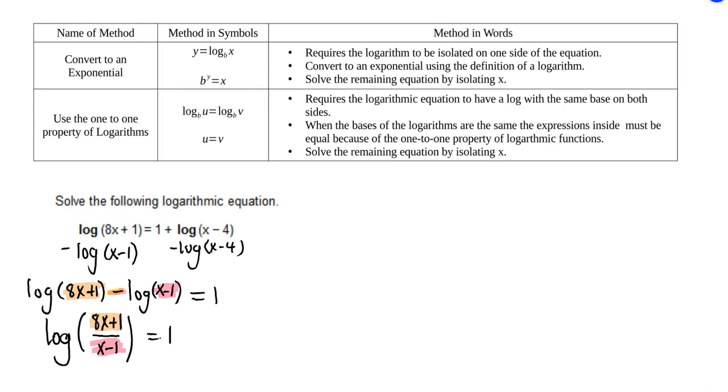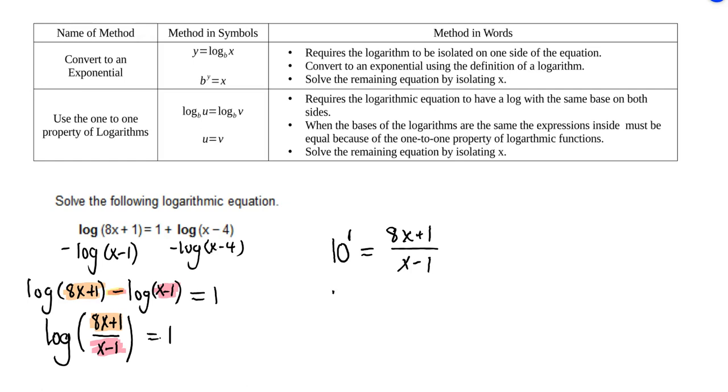And now that I've got a single log on one side of the equation, I can convert this to an exponential. I'm going to use a base of 10 because no base was specified. The exponent is the 1, and this equals the expression inside the log, which is 8x plus 1 over x minus 4.